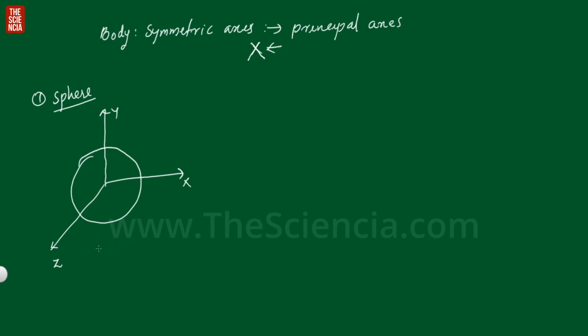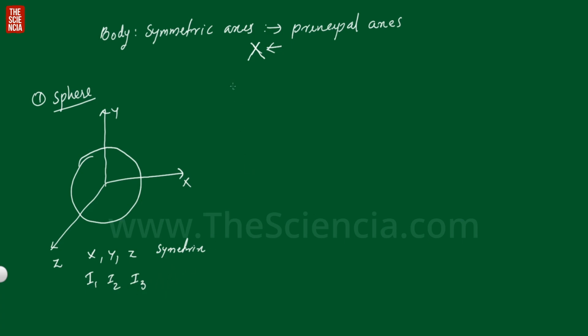So x, y, z are symmetric axes, and we get only the principal moments of inertia I1, I2, I3. These principal moments of inertia are about the principal axes.